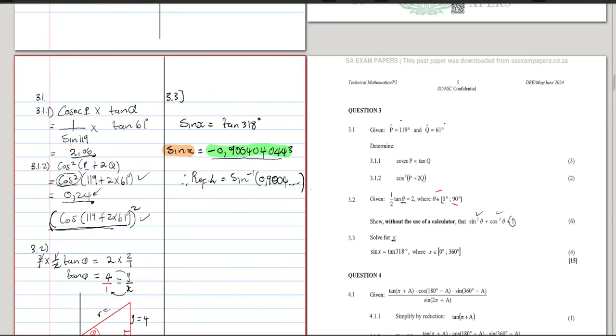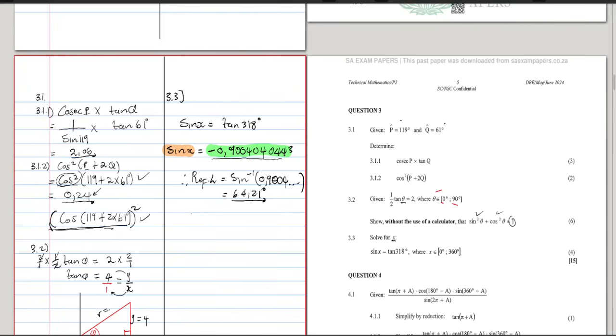You just take the whole thing, shift sine of 0.9004 040443, close bracket. Then you end up with 64.21 degrees in two decimal places. That's your reference angle.